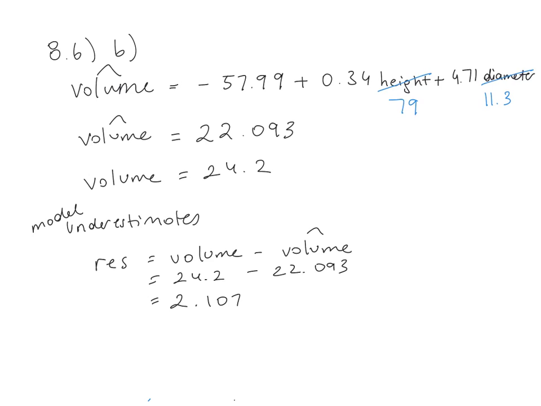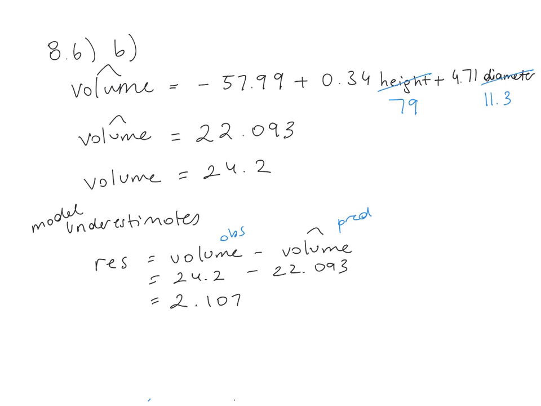Okay? Now, obviously, it doesn't matter in which order you subtract them if you're just trying to say it's off by 2.1 or something like that, but I purposefully left them in this order because the definition of a residual is always observed minus predicted.